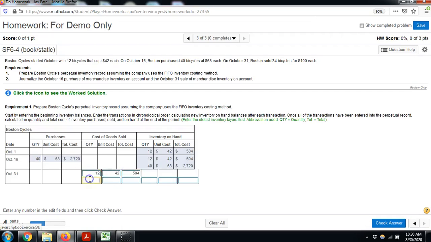That means we have 22 that we need to sell. And we're going to take those 22 units from this 40 unit layer at $68 each. So again, 12 plus 22 is 34, which is the number we've sold. And we've broken it out by the 12 units being at this cost and the 22 units being at this other cost.